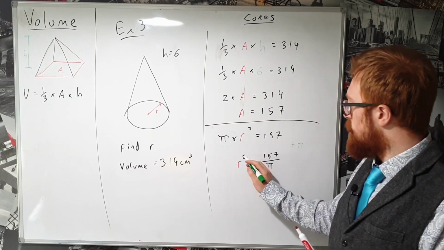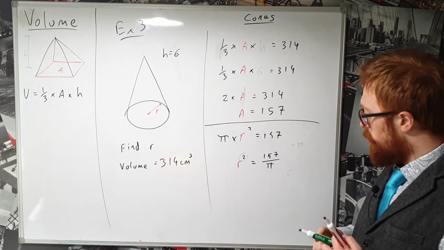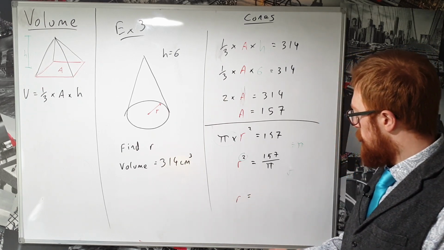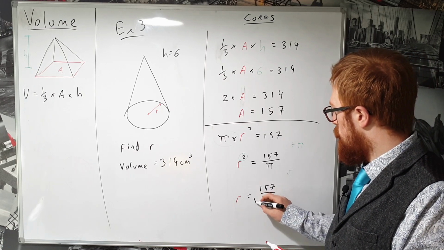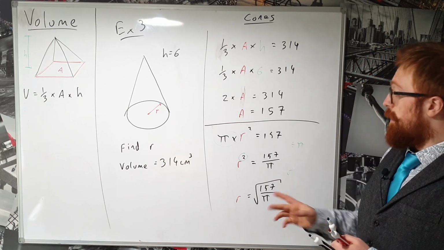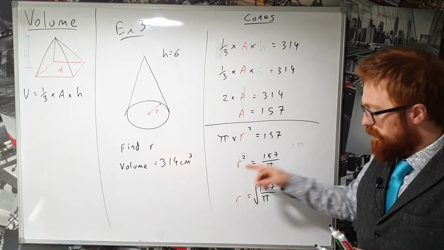So now the next thing we've got to do is get rid of this squared. Now the opposite of squared is square root, so I'm going to square root both sides, and that gives me that r is equal to this lovely looking thing, the square root of 157 over pi. Now again, because lengths are generally positive, we don't need to worry about the negative square root.